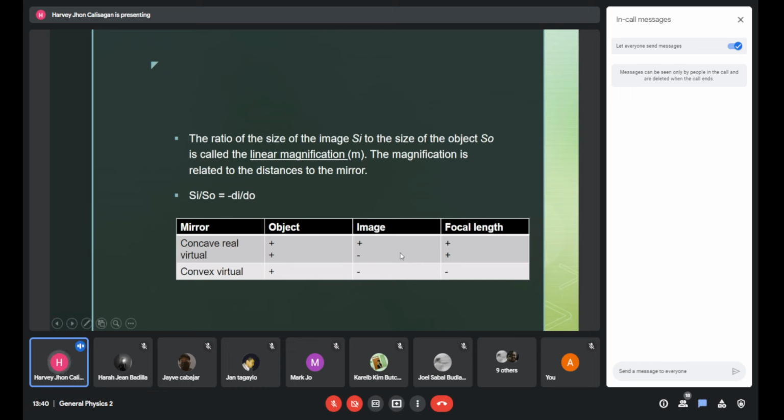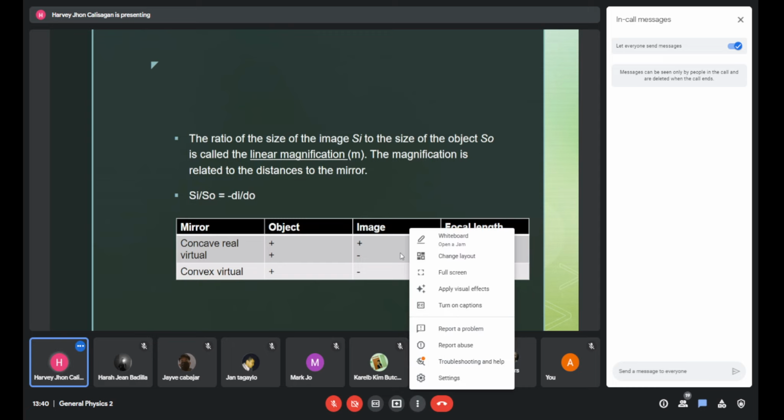It's not totally copying the same image as the object, but the focal length here is positive as well. It's very tricky because the distances between the object and the image are different. So most objects that have a virtual image, it's not the length that has something to do with it.